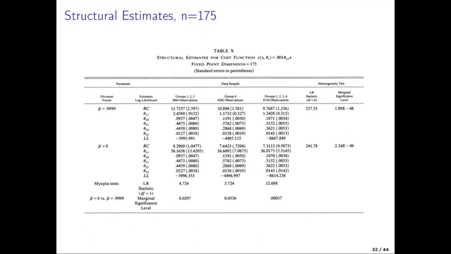Remember that the parameters here are only identified up to scale, so it makes sense to divide them by each other to get the scale out. And you can say replacement costs appear to be high compared to the slope of the cost function.